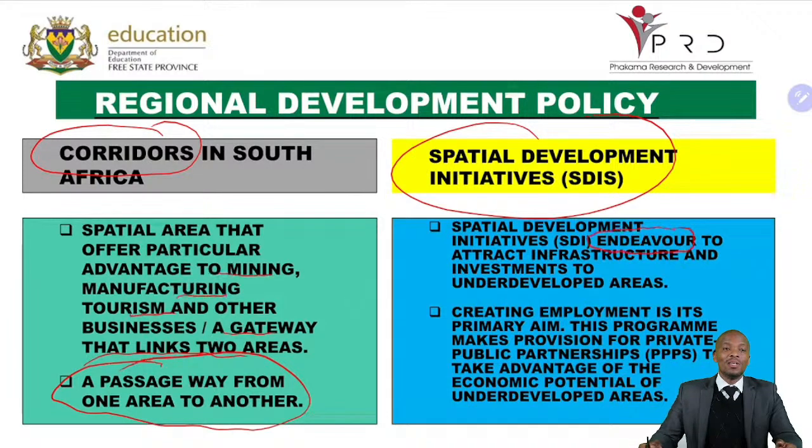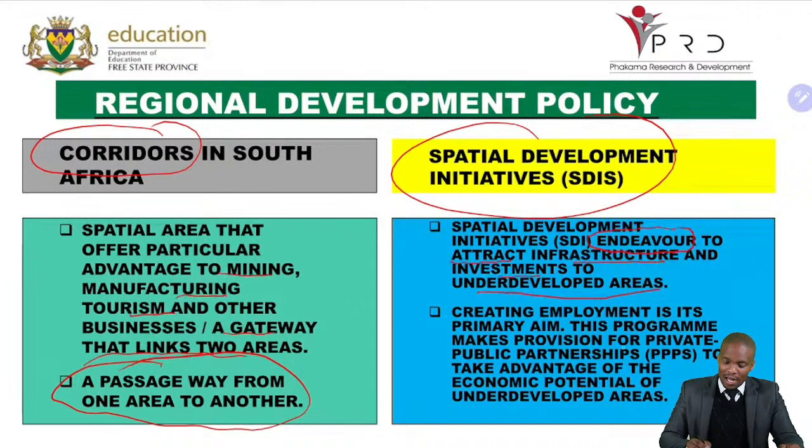I said it shouldn't be a difficult term, but should be a term that you use more often in economics. The term endeavor means it's an effort to do what? To attract infrastructure and investment in areas that are underdeveloped, for the primary aim of creating employment, that's what we mentioned when we started.